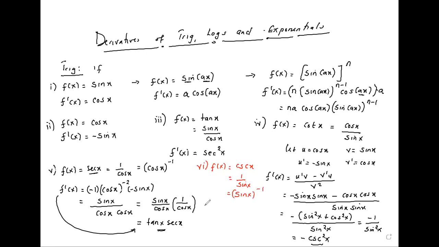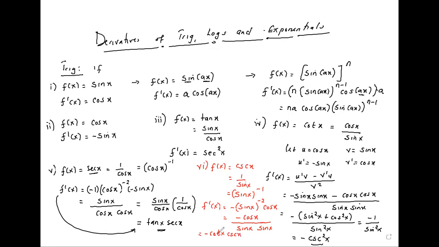So if you differentiate it, you obviously get negative sine x to the power -2 multiplied by cos x. So we're getting minus cos x over sine squared, which we can write as sine x, sine x. What are we getting from there? Cos over sine, that is minus cot, multiplied by 1 over sine, which is cosec.